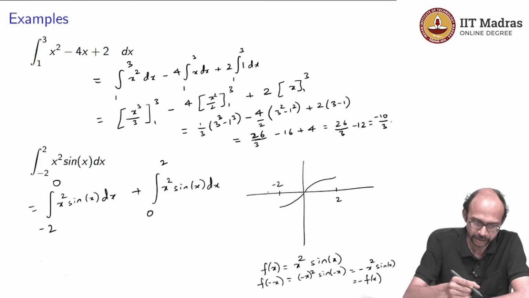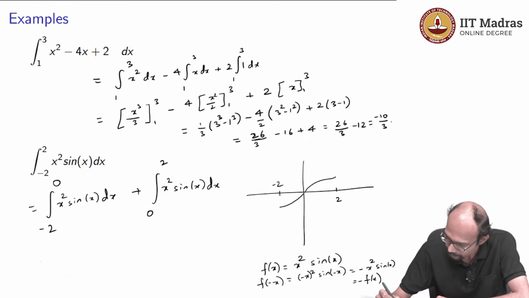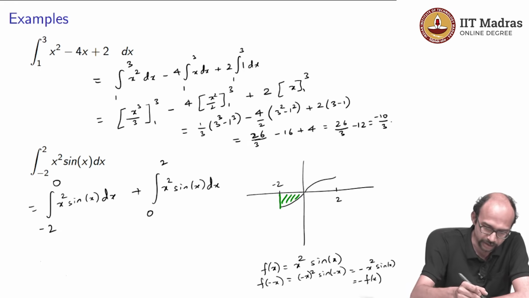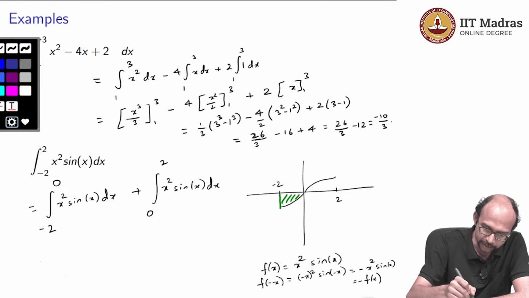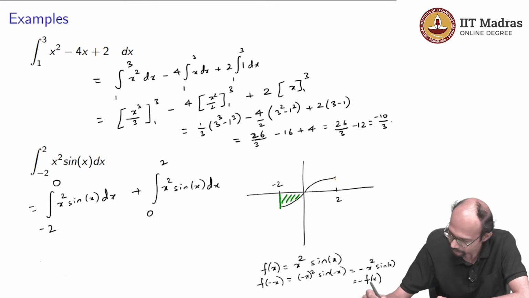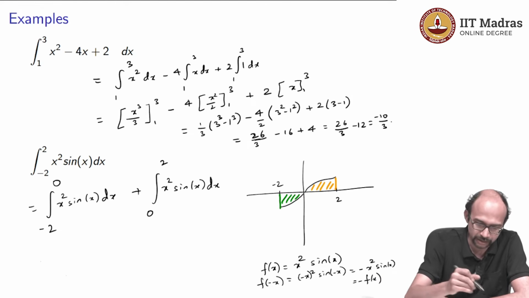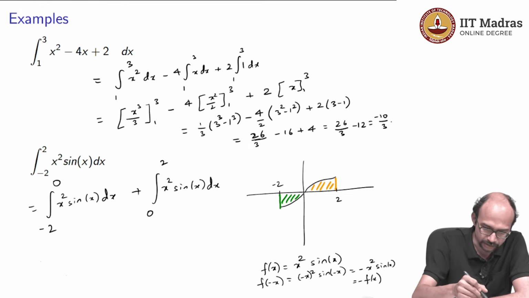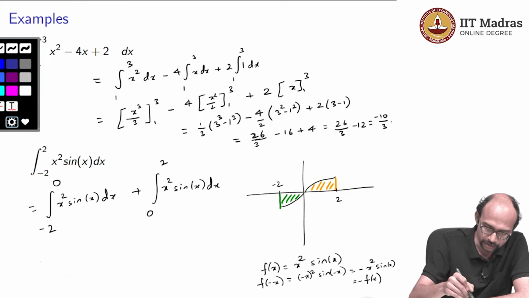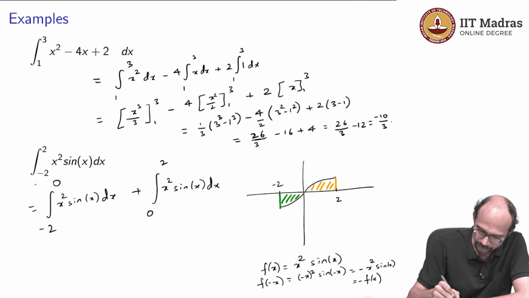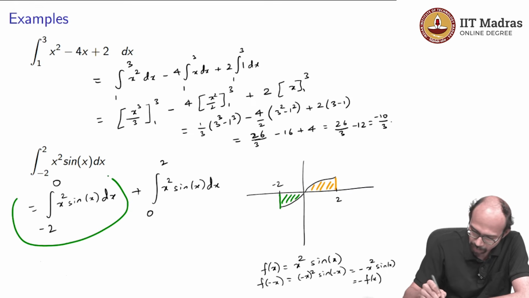Well, what does the first part compute? The first part computes this area, but with a negative sign. And what does the second part compute? The second part computes this, but with a positive sign. And well, clearly these areas are the same, but the first one comes with a minus sign.